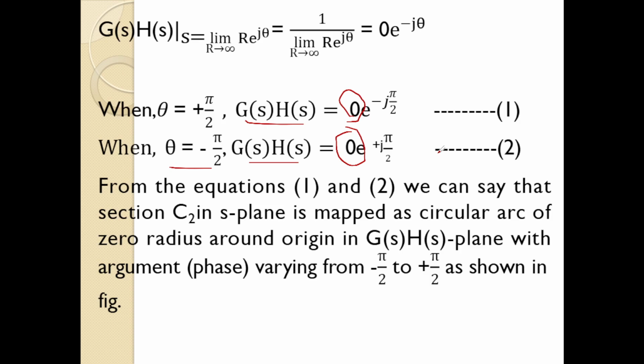So this C2, which is on the S plane, is mapped as a circular arc of 0 radius. Since it is 0, its radius is 0 around the origin, in G of S, H of S plane, which is varying from minus pi by 2 to plus pi by 2. So that is as shown in the next slide.